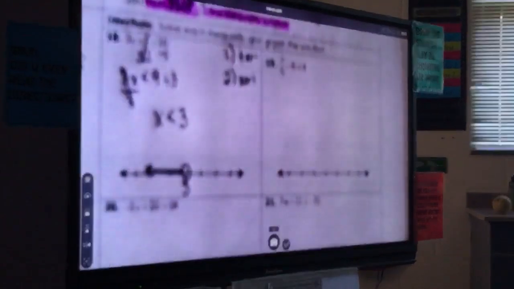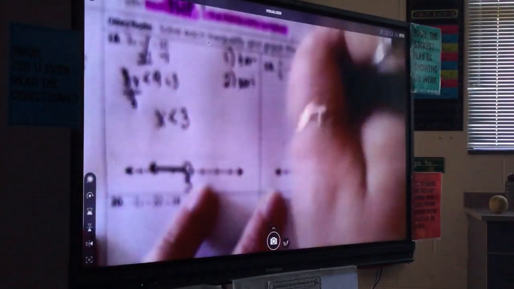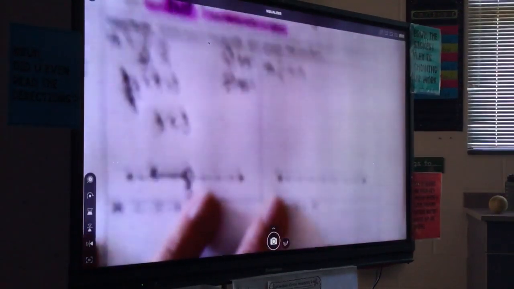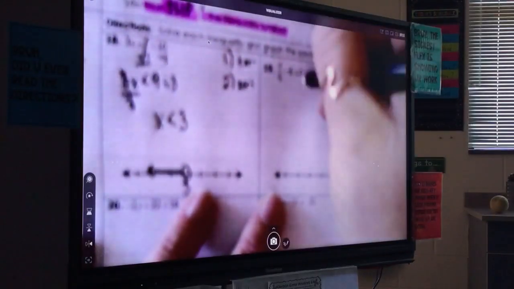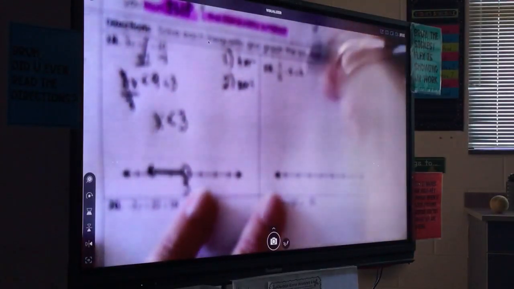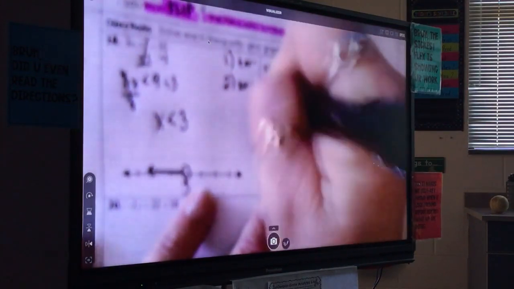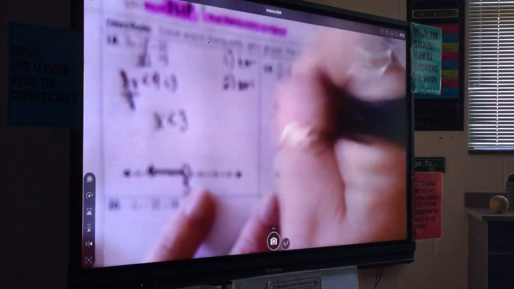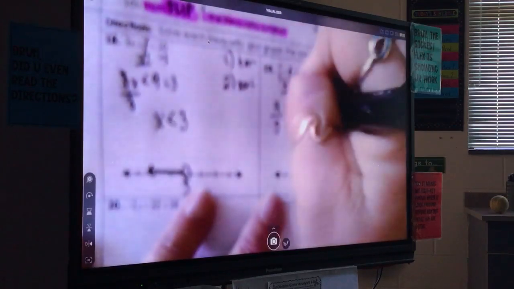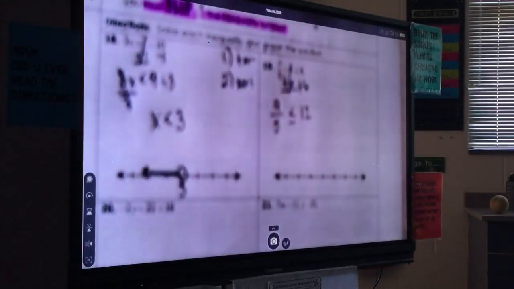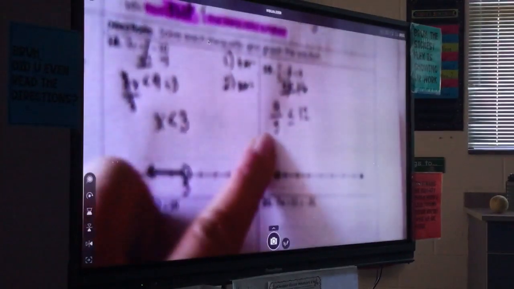There we go. All right, so how do I get rid of the minus 6? What do I need to do? Jeffrey? So plus 6 to both sides. So then I have a divided by 5 is less than or equal to 12. How do I get rid of the divided by 5? What's the opposite of division?